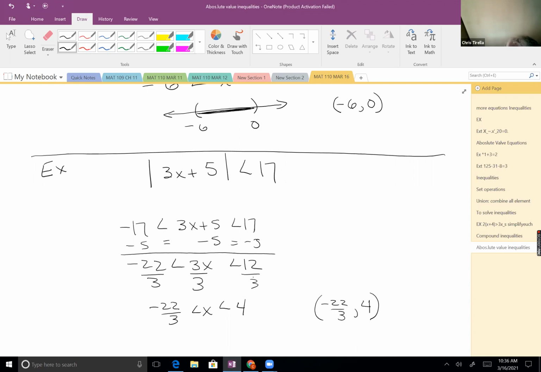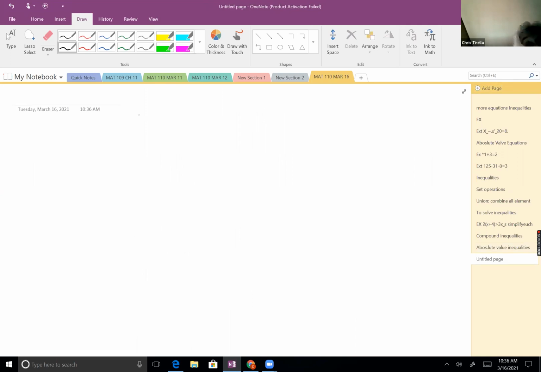If not, then let's look at what happens if my inequality is in the opposite direction. What if the absolute value of x is greater than a? If we look at that on a number line, we're saying that the distance from 0 has to be larger than a. So if I'm further from 0 than a, I could be everything greater than a.